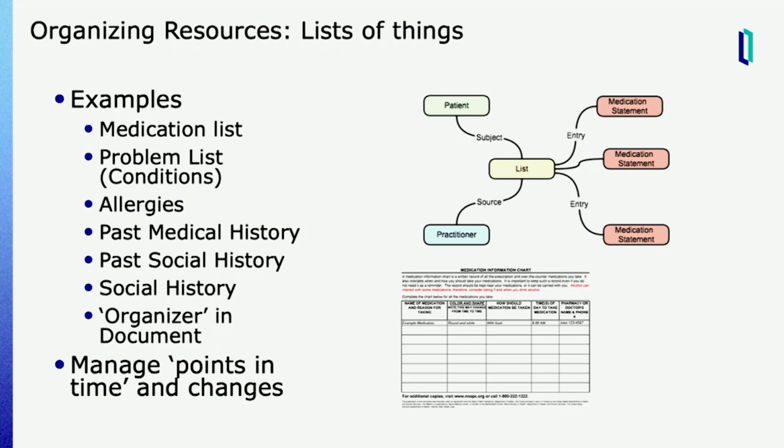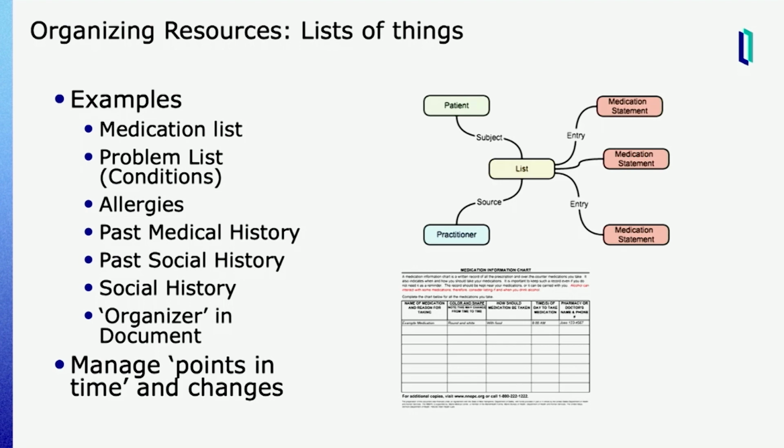And I've already mentioned the list resource as a way of organizing data, but there are a lot of things that we may not usually think of as lists that really are essentially a list, like a patient's social history is actually a list of social history items, and the same with a past medical history or surgical history. It's a list of past events, if you will, or observations.